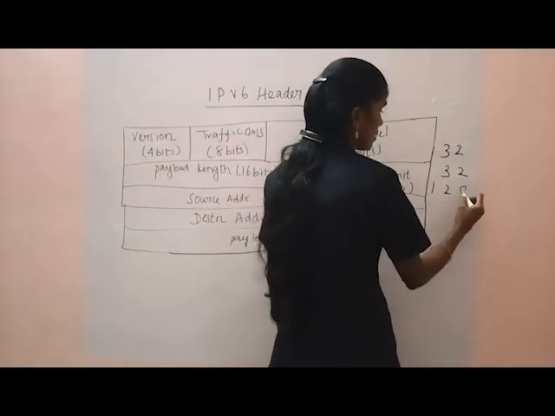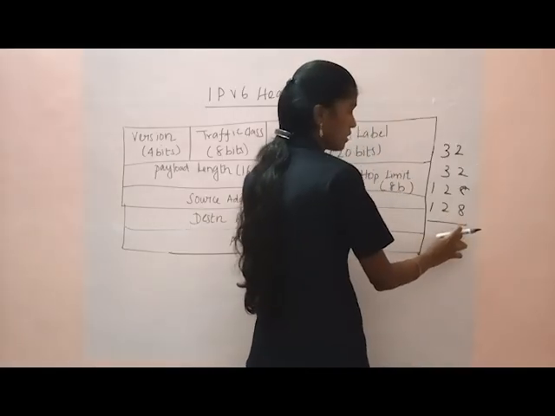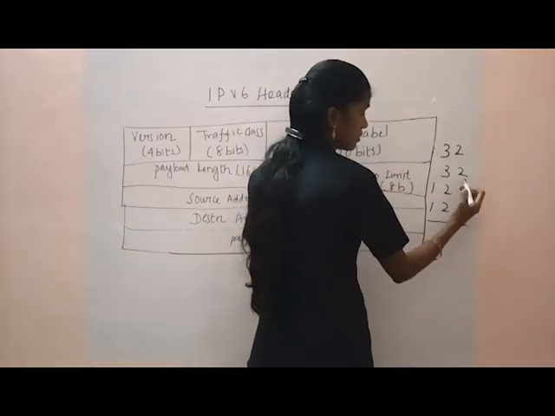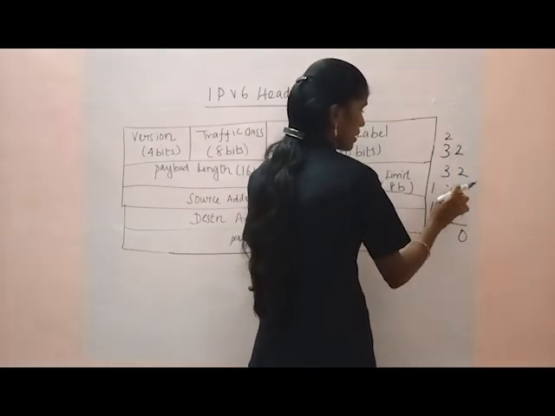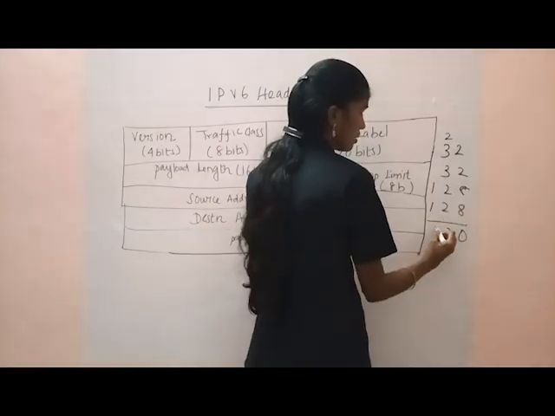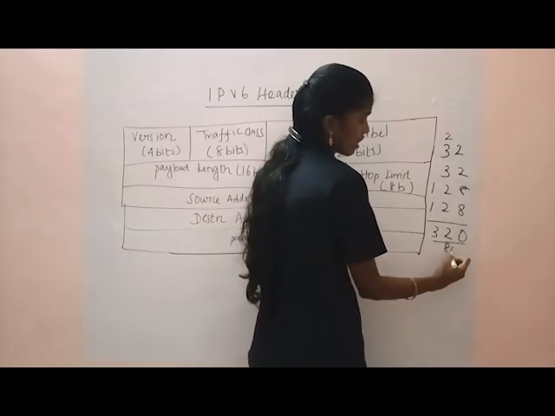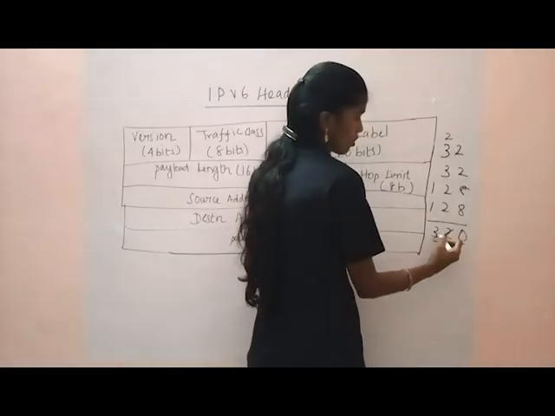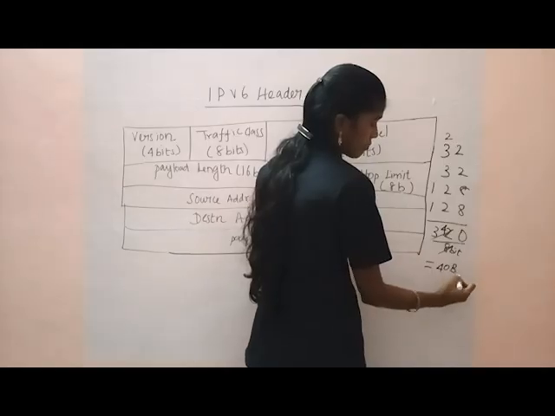And if you write like this, when we total this, what is the value we get? 320, and this is in bits, so we have to convert this into bytes. So if we divide by 8, then we will get 40 bytes.